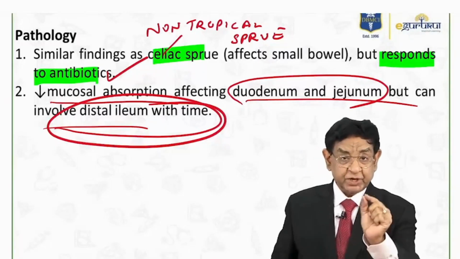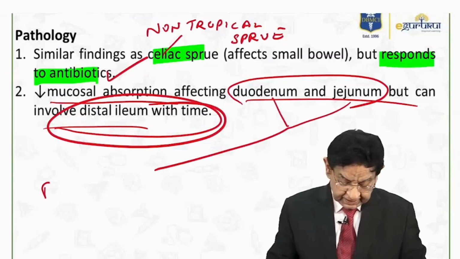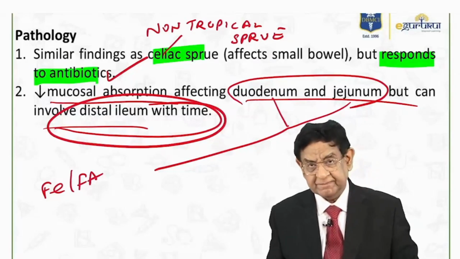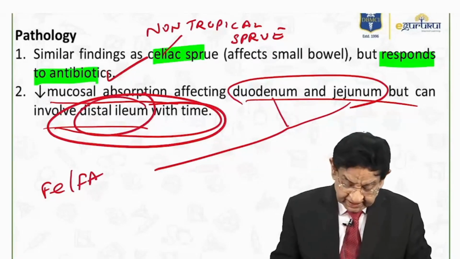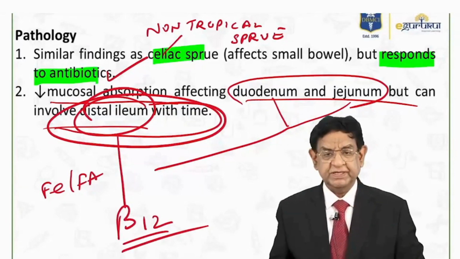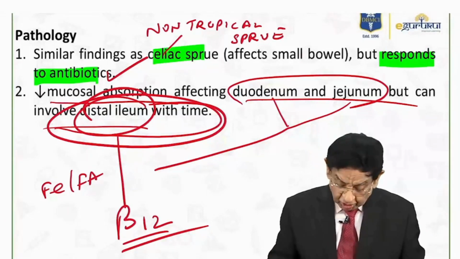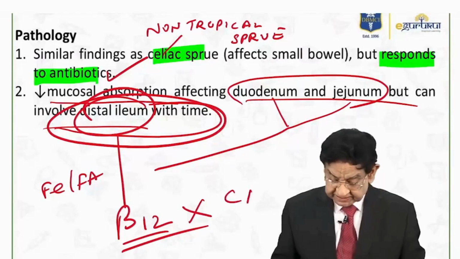And here comes the clue. If the duodenum and jejunum are involved, iron and folic acid deficiency will be there. But if the distal ileum is also involved, then B12 deficiency will also be there. Point to be noted, B12 deficiency is not a feature of celiac disease.